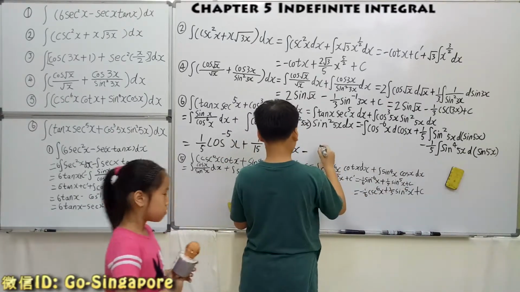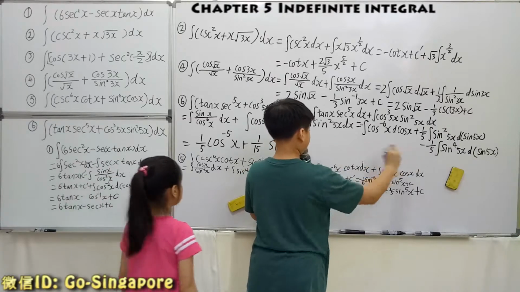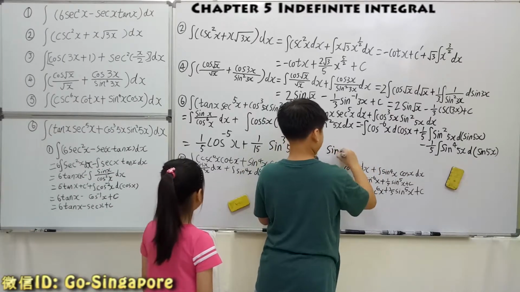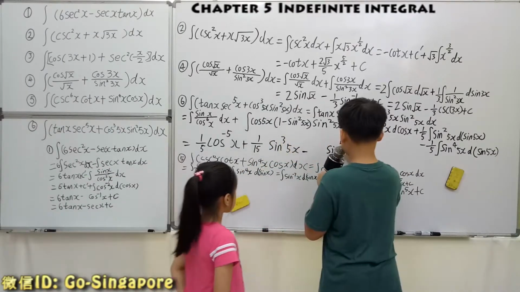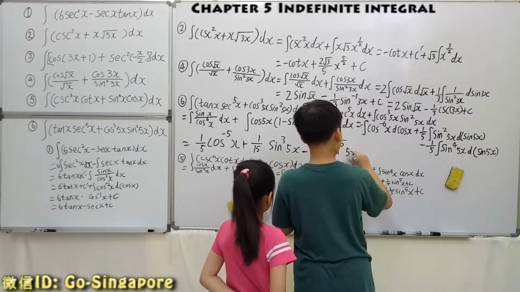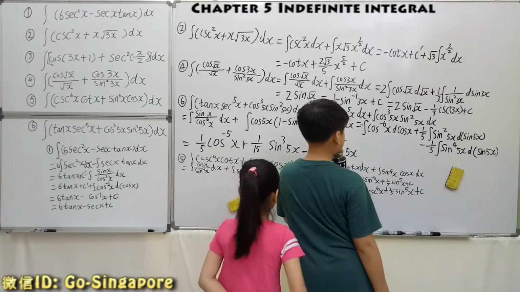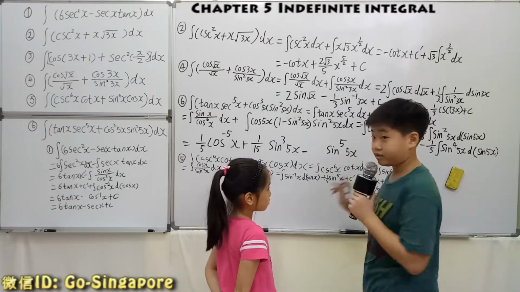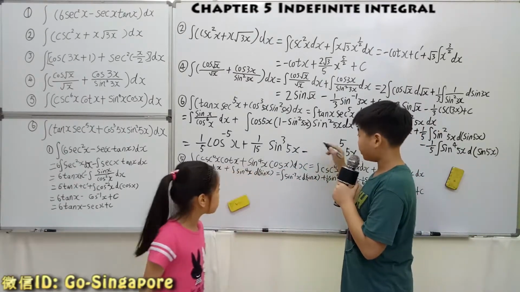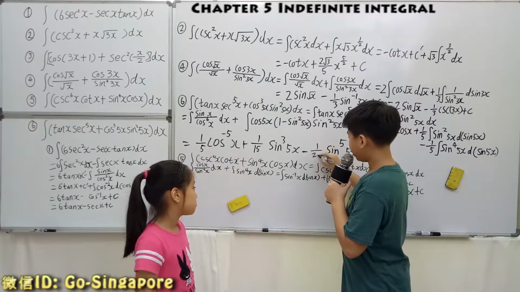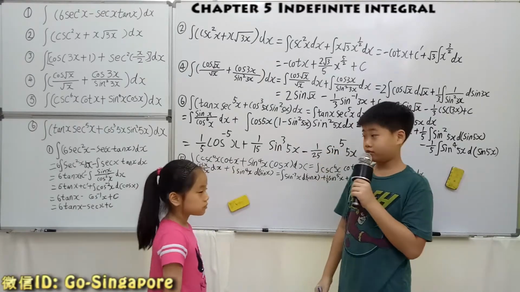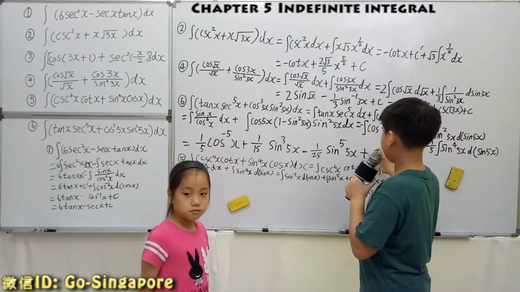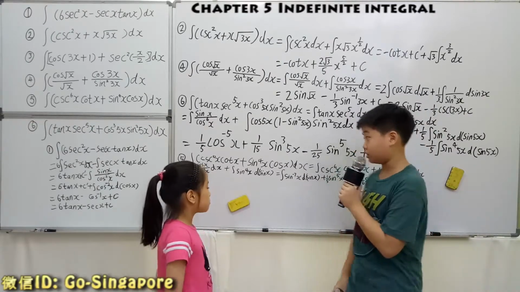So here you minus, here will be the sine to the power of 5, 5x, right? So here 5 comes down, you need to divide that 5. So 1 over 5. So here will be a 1 over 25. Correct. Then at the back, you have to plus the constant.